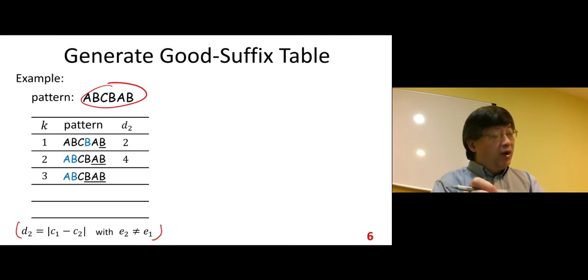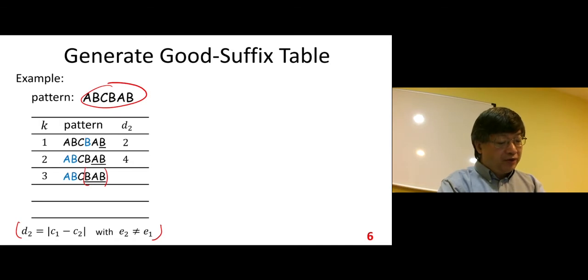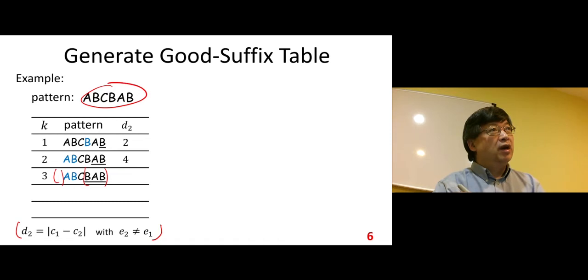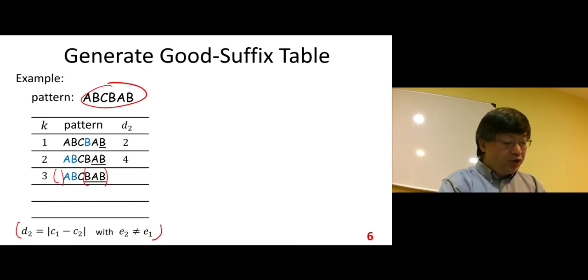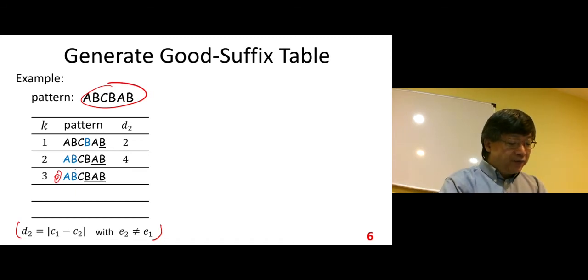The third one, the 3-character suffix. We also want to find a 3-character suffix in the remaining part, but we have the AB matching and don't have the third character matching. If we don't, we just assume the third part can be matched. So we are more generous. If there is nothing, we consider that part matched. So let's consider the difference 4.